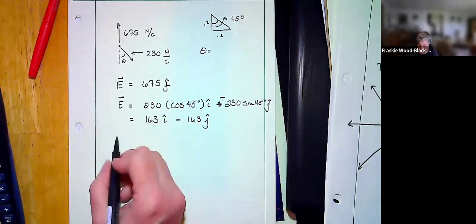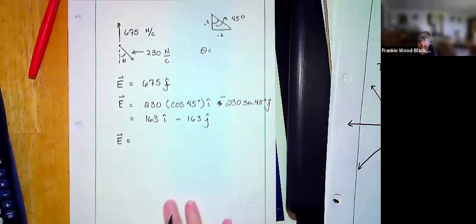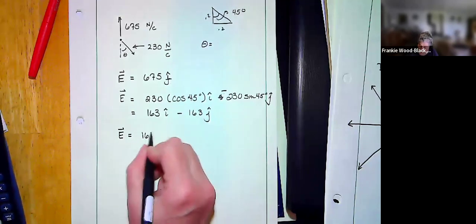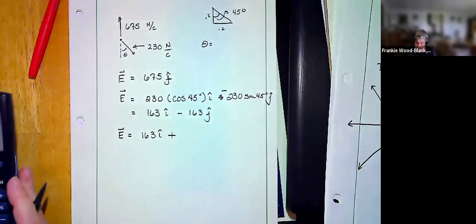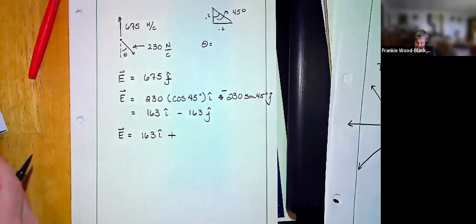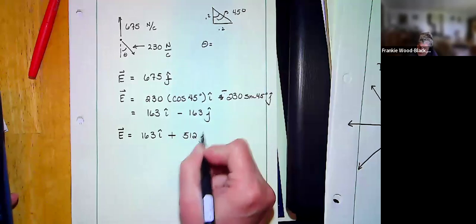So we're going to add our two vectors together. So the electric field is going to have 163 in the I direction plus 512 in the J direction.